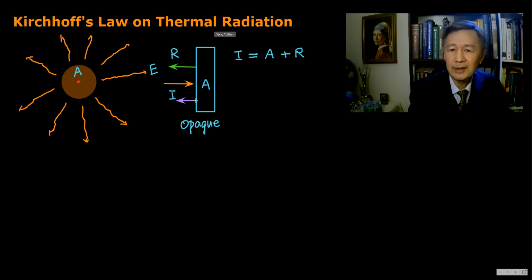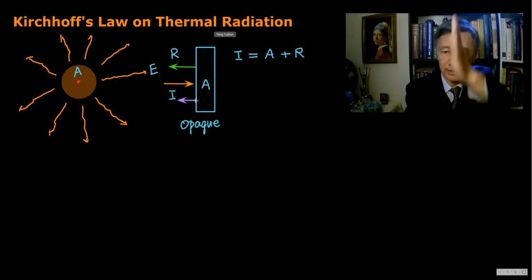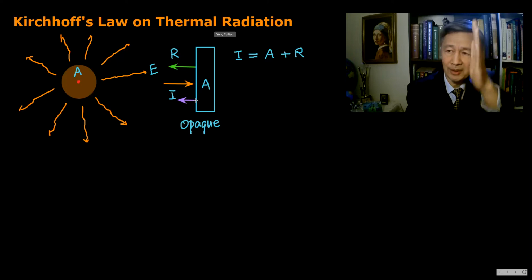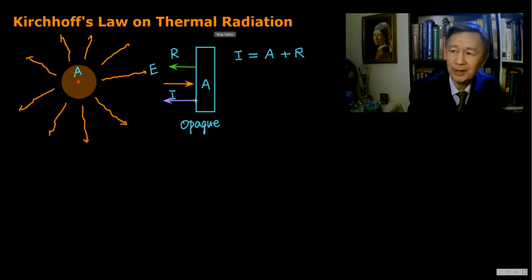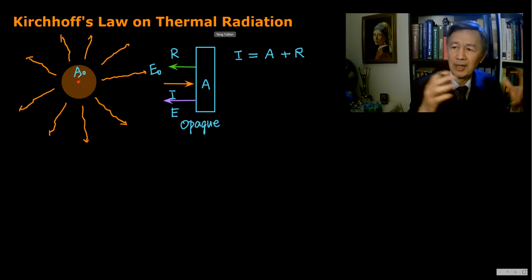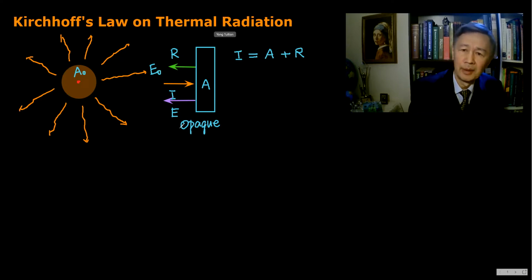But if we just consider these opaque objects, with the length infinitely large, we can only consider the radiation perpendicular to the surface of the object. We denote this thermal emission as E. This is different from the emission E null, which is from the star in the distance.